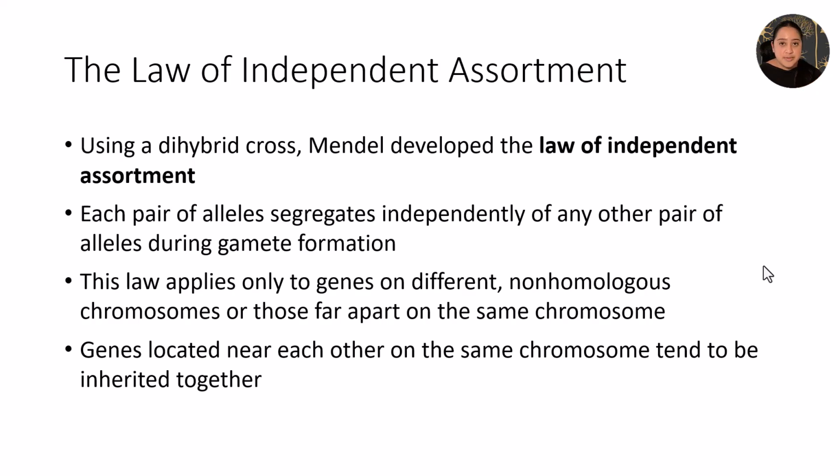But there are exceptions. We're going to talk in a little bit about exceptions to these Mendelian genetics. So he came up with this law of independent assortment, and it does apply, but only to genes that are on different chromosomes, or if they're far apart on the same chromosome. Genes that are located near each other on the same chromosome do tend to be inherited together.